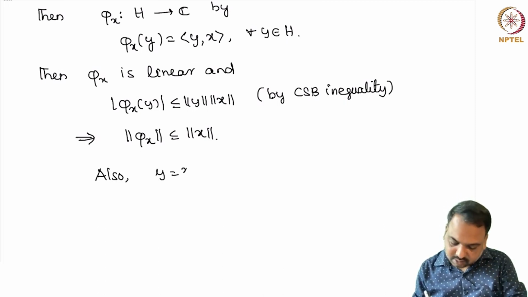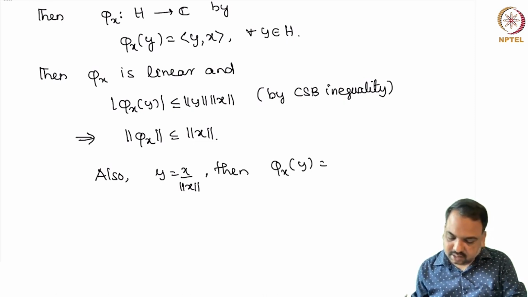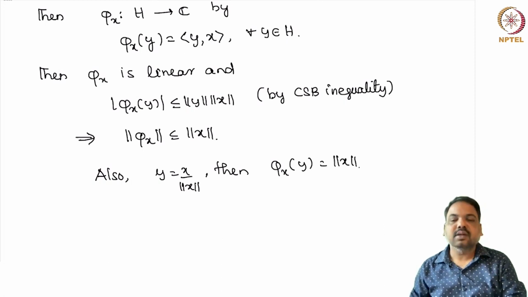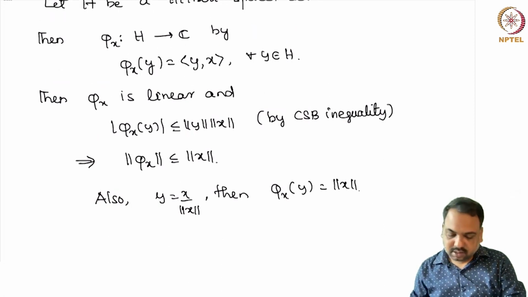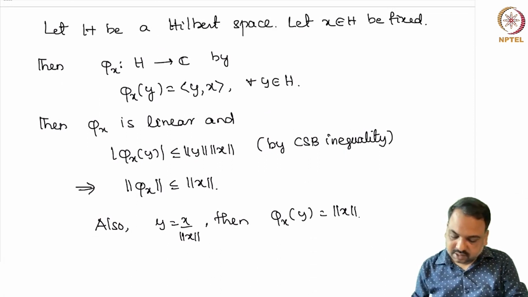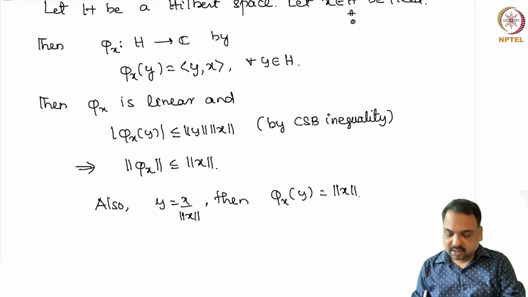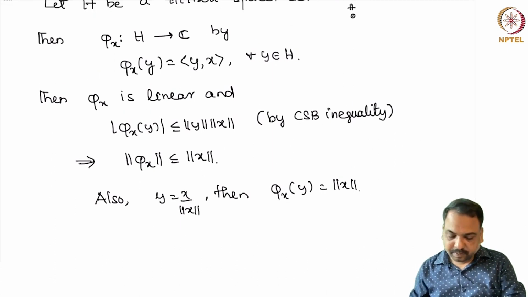If y equals x by norm x, then phi_x at y is exactly norm x squared by norm x, so this is norm x. Of course, we have to start with x non-zero. When x is 0, phi_x becomes 0, and in that case also the same result holds true.